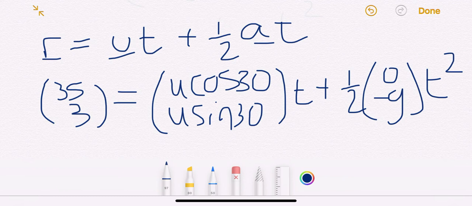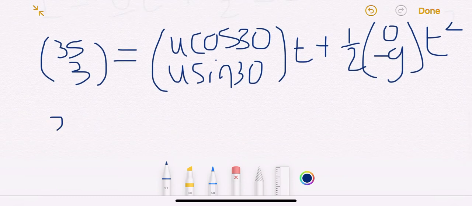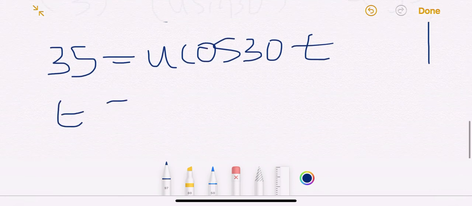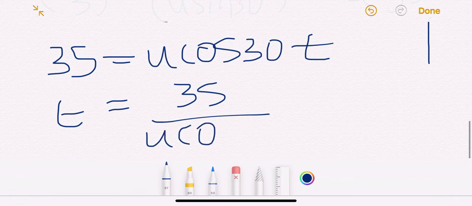If we take the horizontal component of that, we get 35 equals u cos 30 multiplied by t. Therefore t is equal to 35 divided by u cos 30. That doesn't give us a numerical value for t, it's still in terms of u.